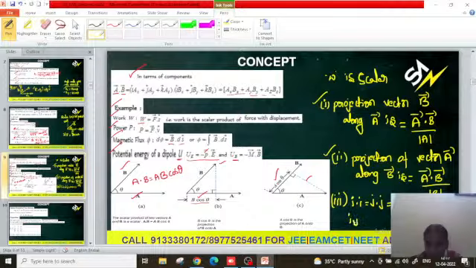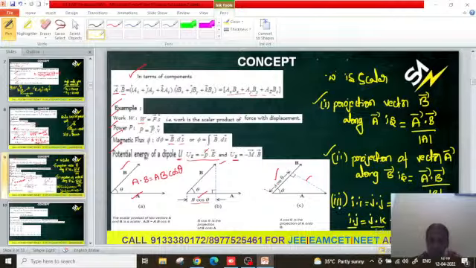If we are taking i dot j, j dot k, k dot i will be equal to 0, because i dot j means these two will be perpendicular to each other, or j dot k, these two will be perpendicular to each other. When theta is 90, the dot product will be equal to 0.